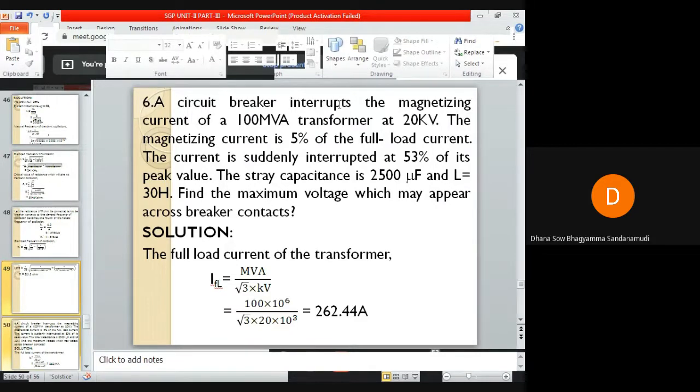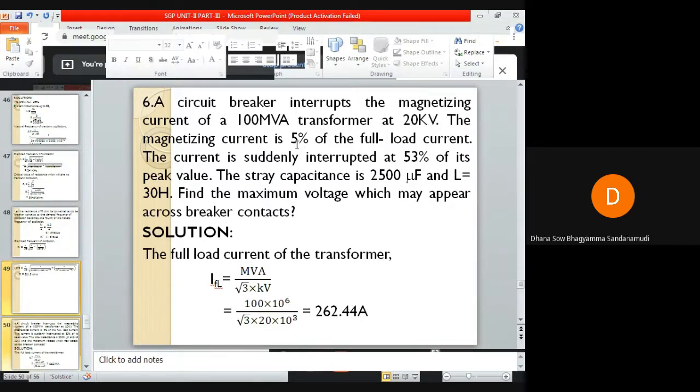A circuit breaker interrupts the magnetizing current of a 100 megavolt ampere transformer at 20 kilovolts.